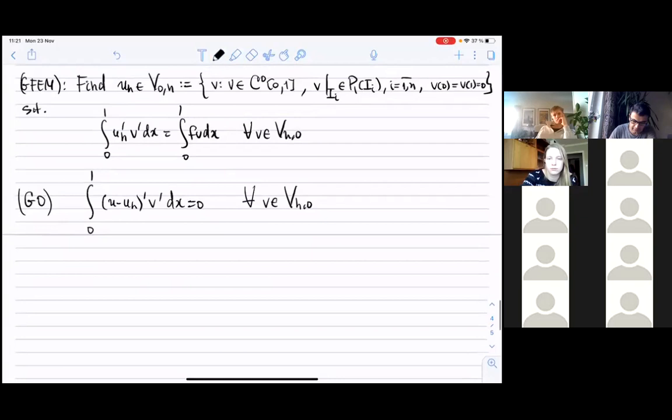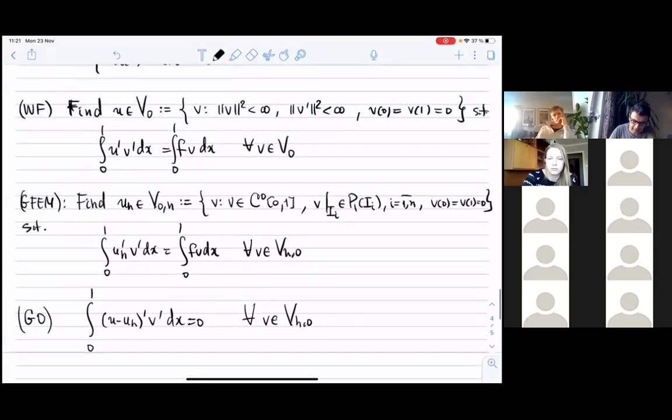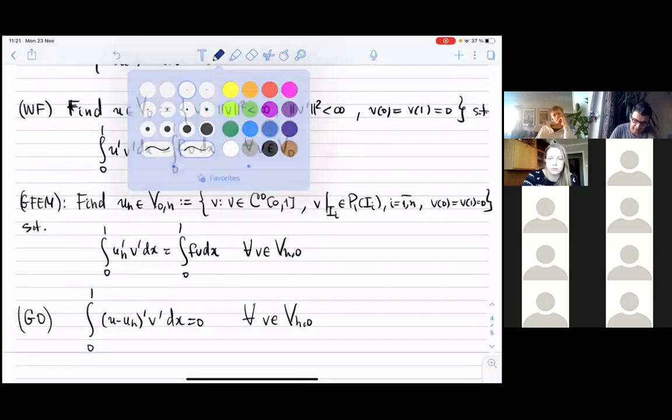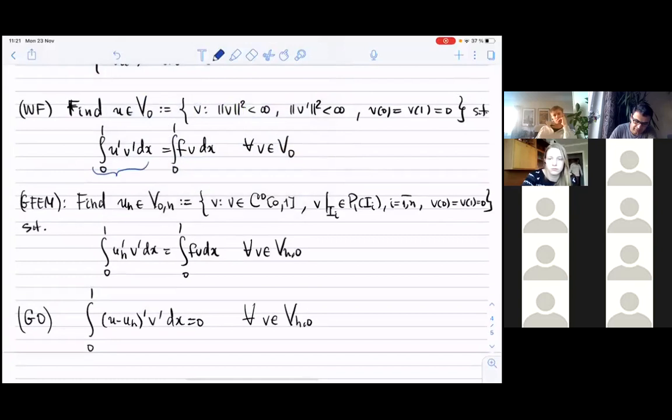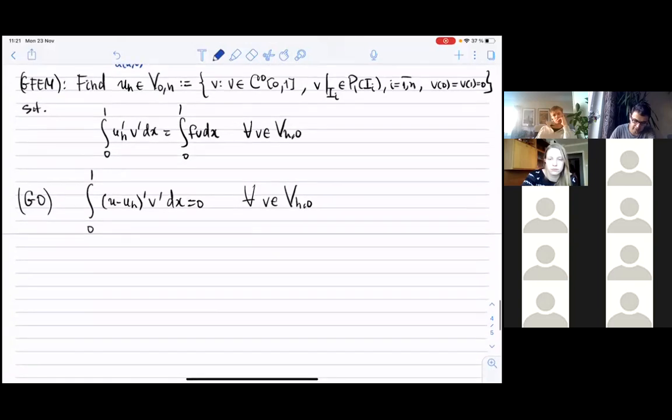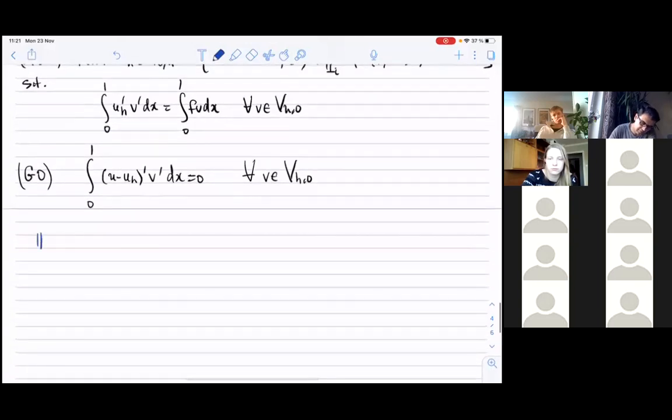In addition, we say that the energy norm is defined by this bilinear form. The energy norm of w is the square root of a(w,w), which is the integral of w prime squared dx from 0 to 1, the L2 norm of w prime.